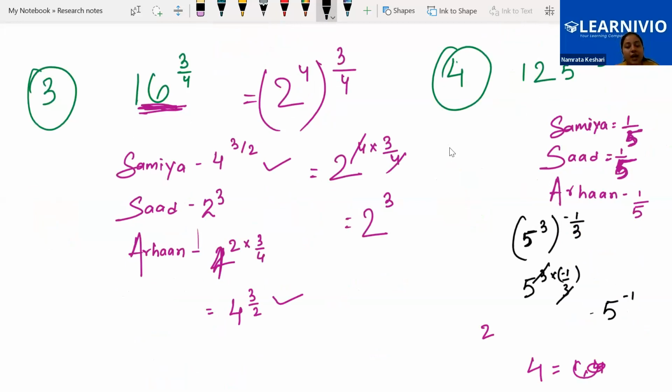Now we can shift this 5 to the denominator. What is there in the denominator? Nothing, 1 is there. So 5 can go in the denominator, but at the same time its power will reverse its sign. If the power is positive, it will become negative in the denominator. If the power is negative, it will become positive in the denominator. So it will become 1 by 5. Everyone's answer is correct.